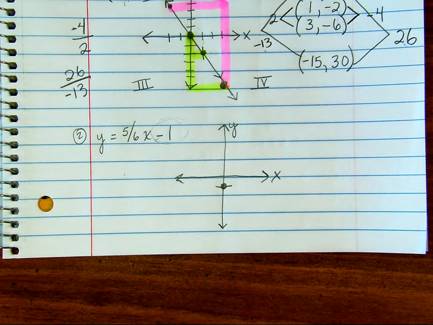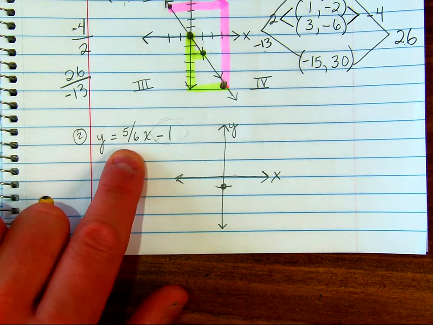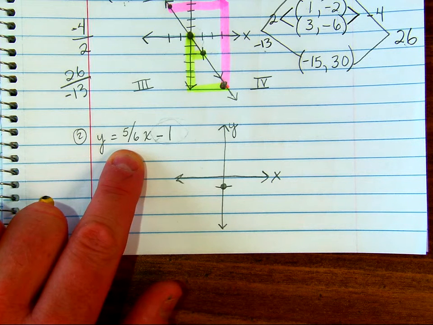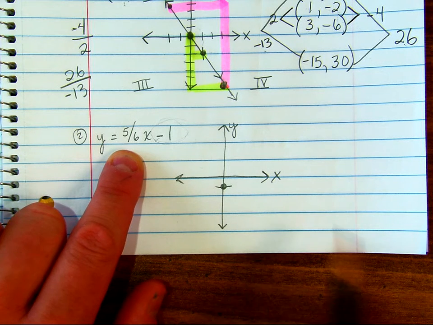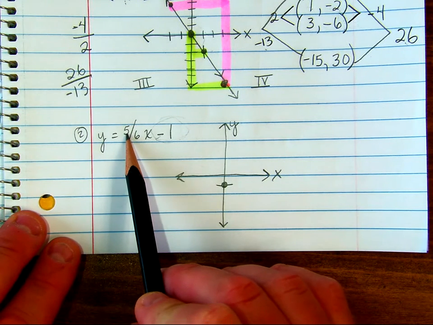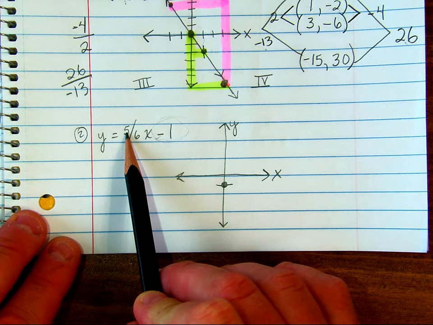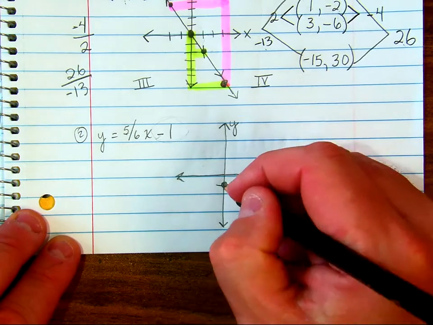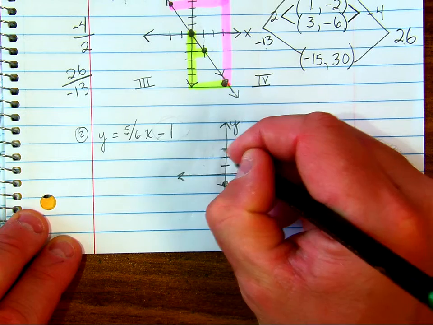Now, the nice thing about number 2 is that our slope is already written in fraction form. We already have our unit rate, 5/6. So our change in our vertical axis is 5, and it's positive. So are we going to go up or down, Maddie? Up. 1, 2, 3, 4, 5.